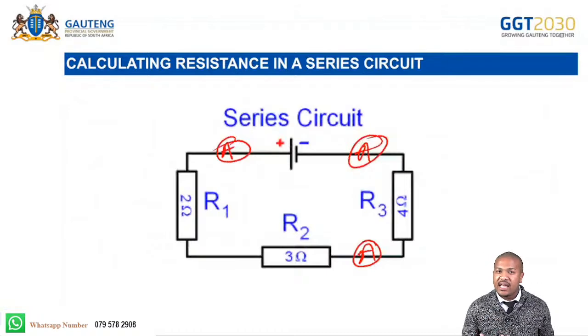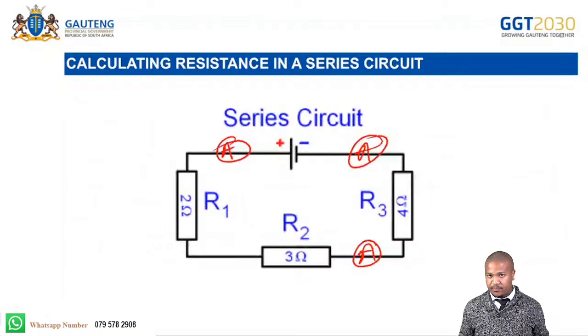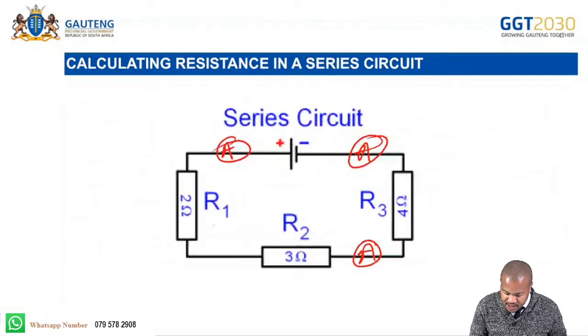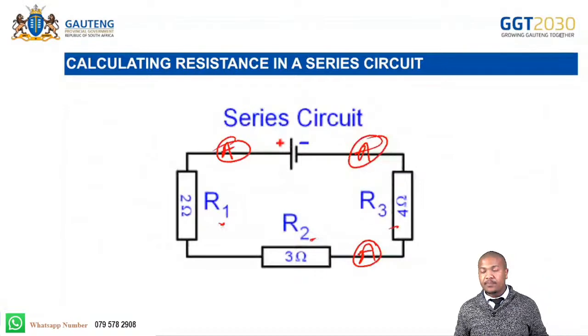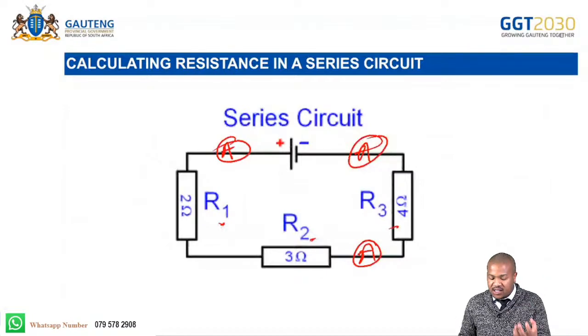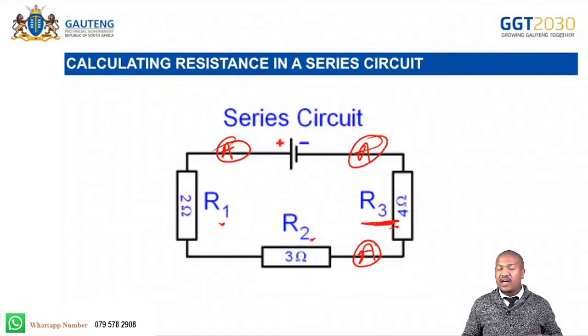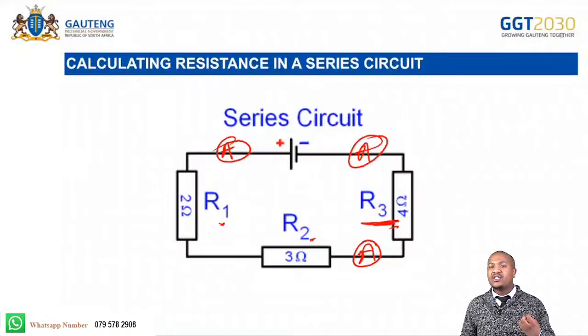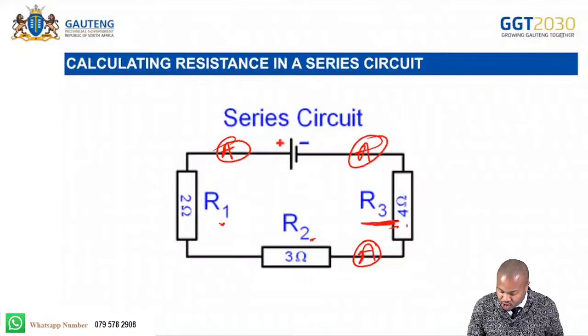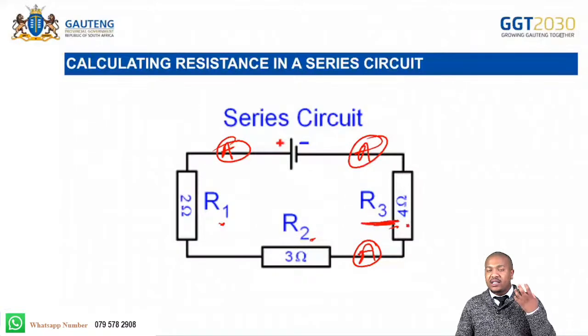So also I said that the resistor that has more resistance will have more voltage passing through it, right? For instance, look at the 3 resistors here. We have resistor 1, resistor 2, and resistor 3, right? Which one has the highest resistance? Resistor 3 has the highest resistance, right? So more voltage will be passing through resistor 3 because it is 4 ohms, right?